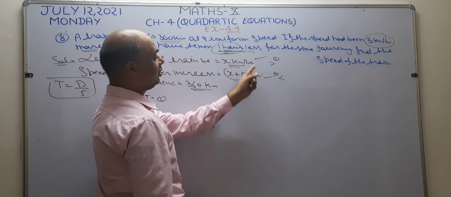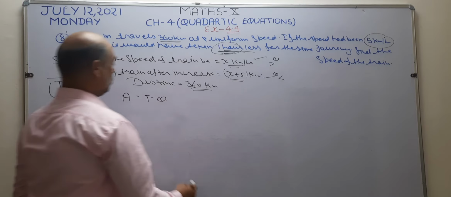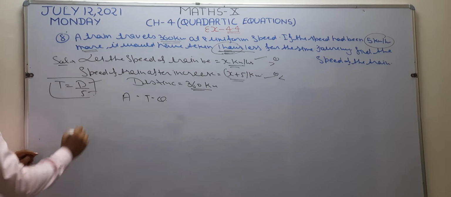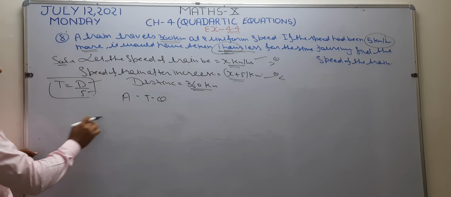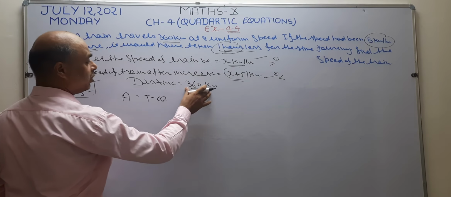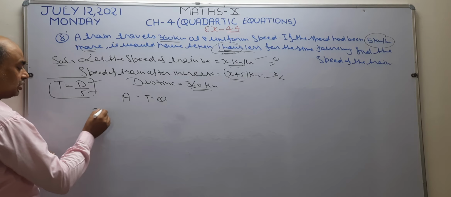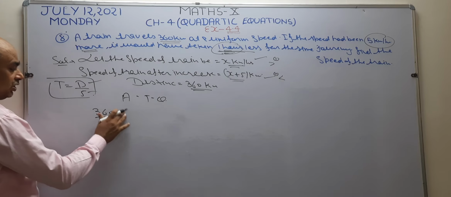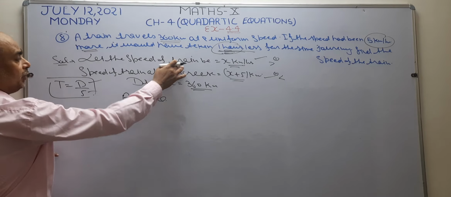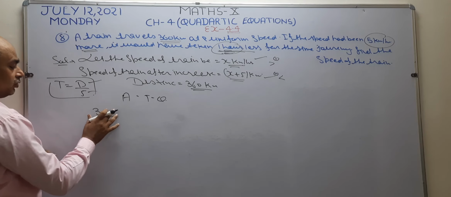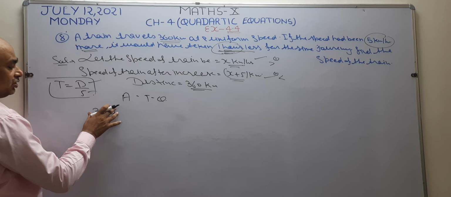The difference between these two times is given as 1 hour. So as you know, distance upon speed is time. Finding the time, formula is distance upon speed. Distance in both cases is going to be the same. So I write here 360 upon x. This is the distance and this is the speed, the original speed of the train. First time the train is going to take is this.